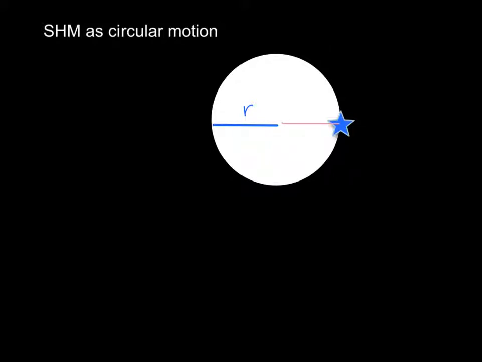Okay. Now after a certain time, my star, oh no, this thing got stuck. Well, I'm just going to leave it there. So after a certain time, my star has moved here. And now the horizontal component is really, so this is supposed to be a dashed line. This is the horizontal component of the movement of the star.